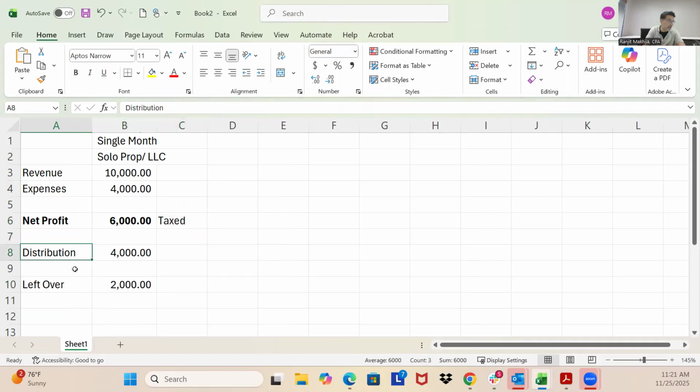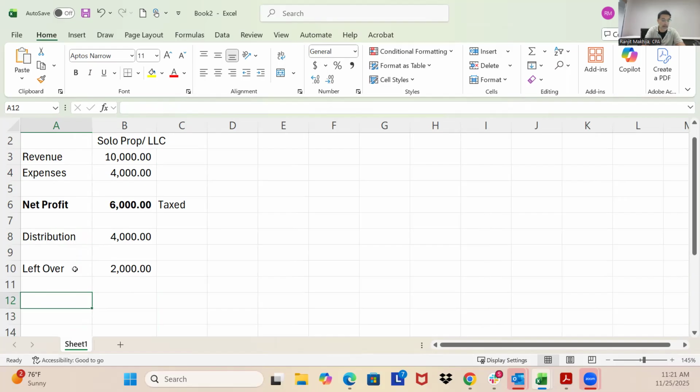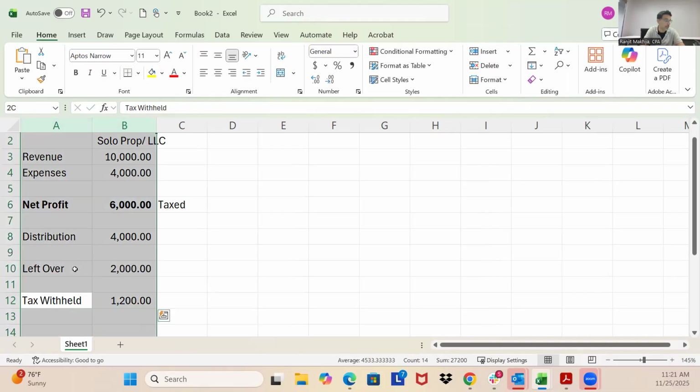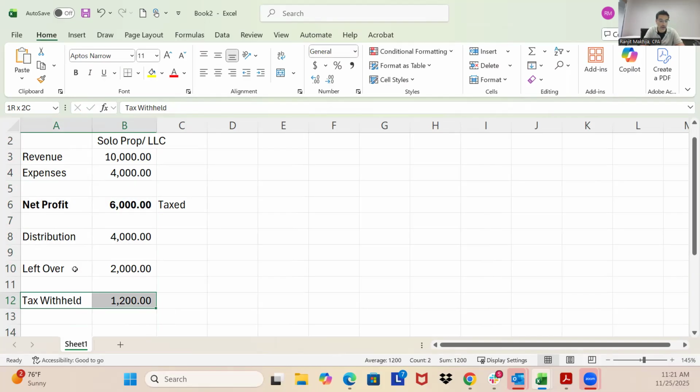Out of that 6,000, the distribution is how much money you can spend on your daily lives. This doesn't include taxes. Taxes is a different story. If you want to understand how much money you need to withhold for tax purposes, tax withheld is 20%. So you should also withhold $1,200 on your $6,000 of net profit.